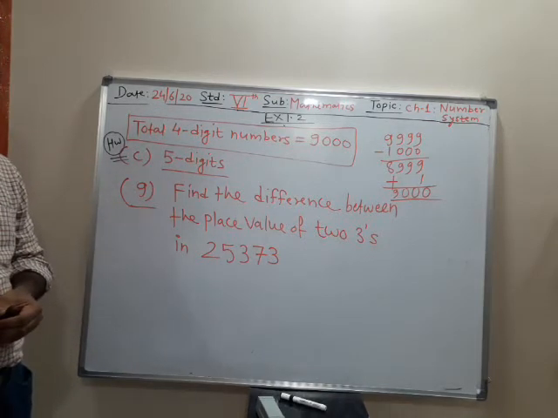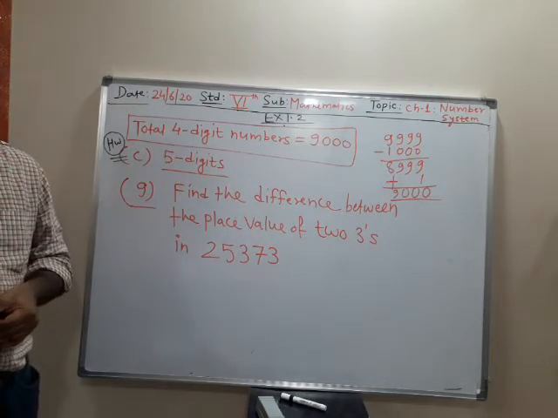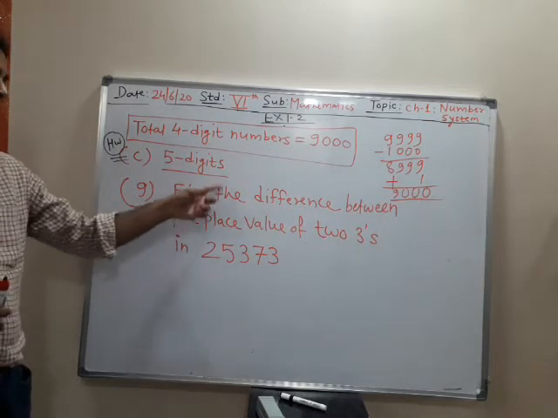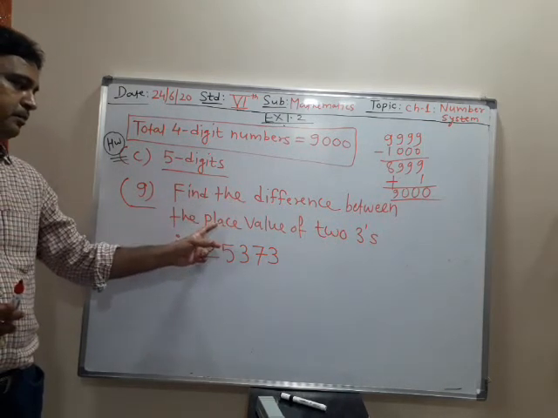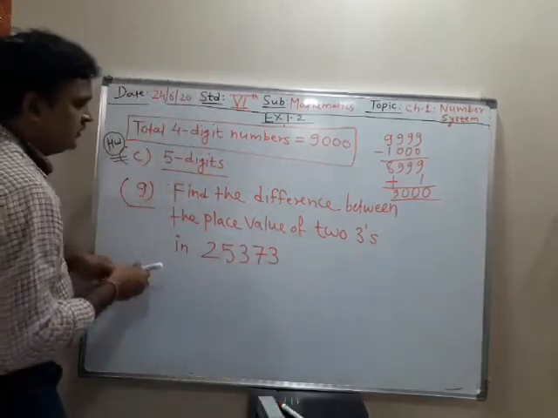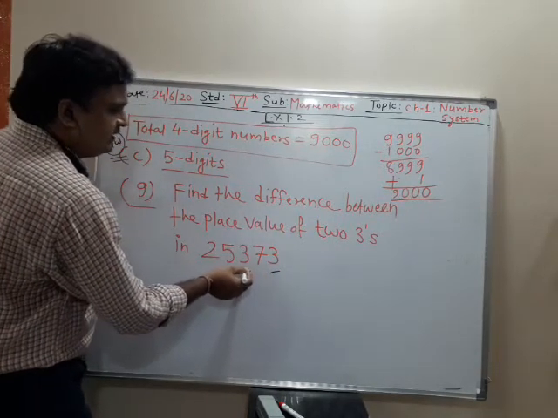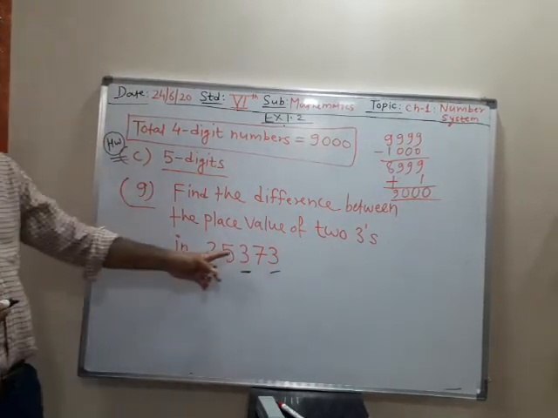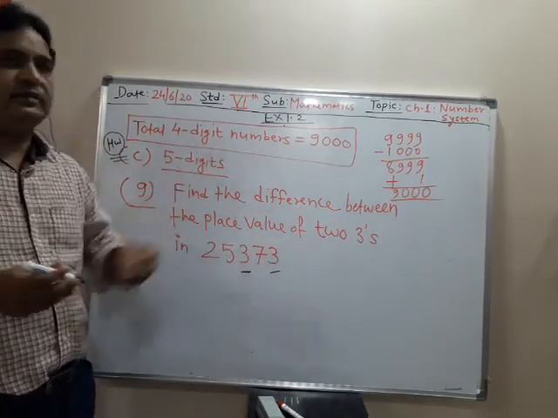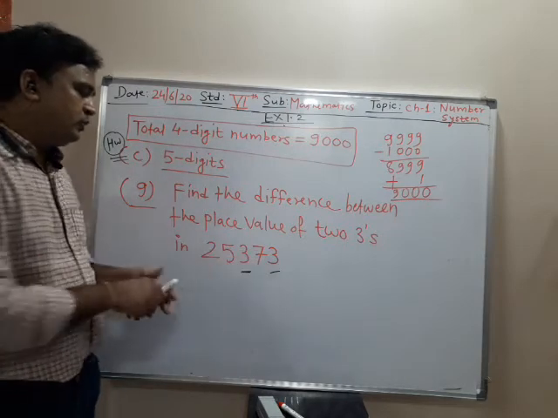Difference means subtraction, minus. You have to subtract which values? The place values of the two threes. There are two threes.